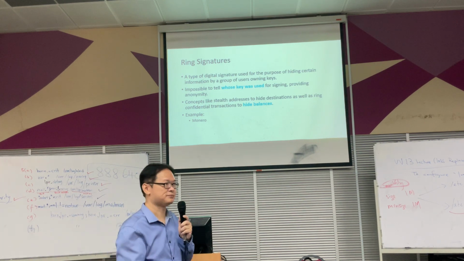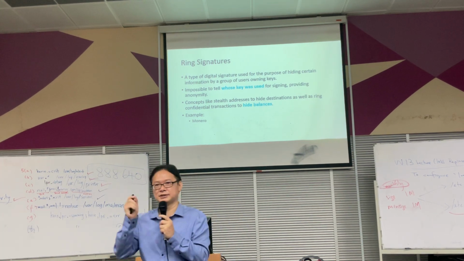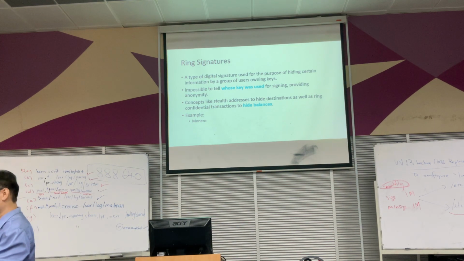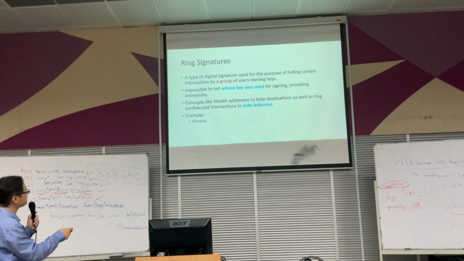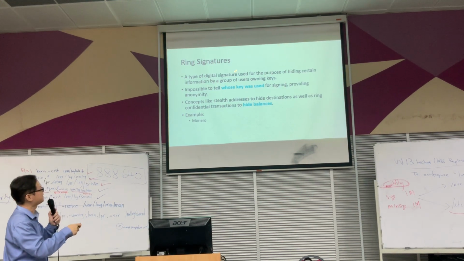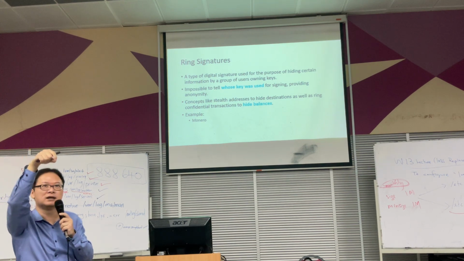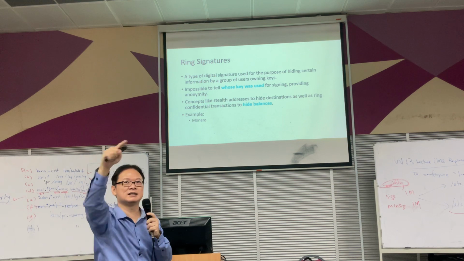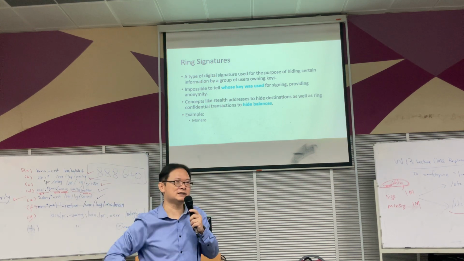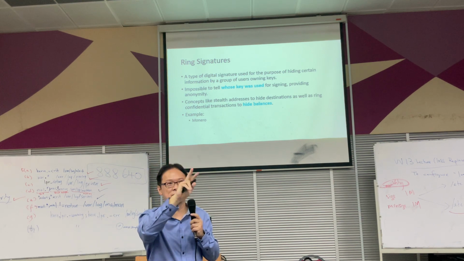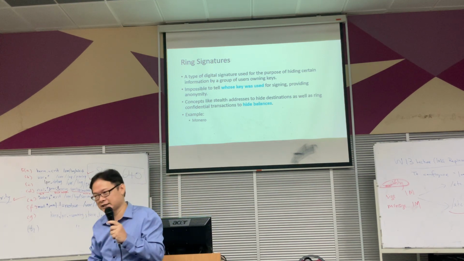You sign the transaction using your private key, but you also combine all the public keys inside the ring. So there is a ring, a ring of public keys, a lot of keys, and these public keys will be combined with your private key.